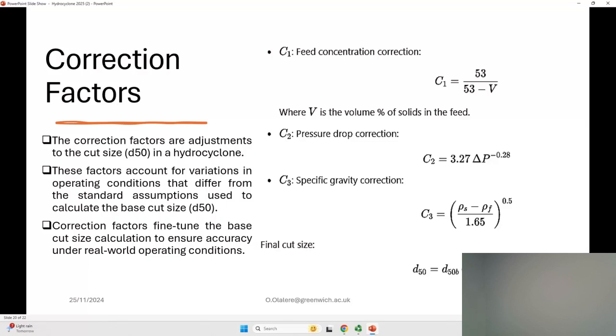It's the cut point size for your process. And you can have a particular industry where you have different cut point sizes for different operations, based on the correction factors you've added. And this is the work of a process engineer when it has to do with adding correction factors and the rest. Do you understand now?